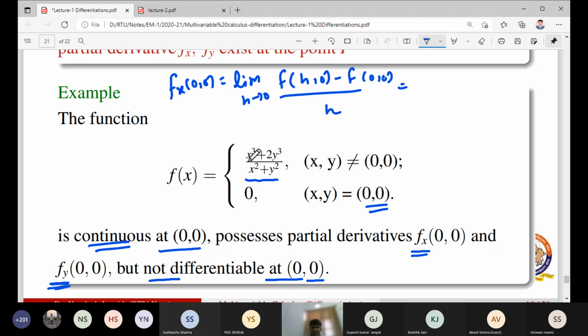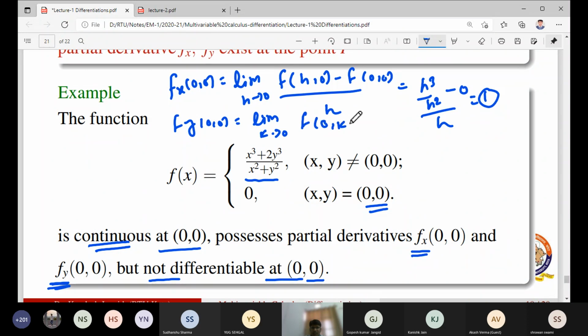If we put x equals to h and y equals to 0 here, so f of (h, 0) would be h cube upon h square minus f(0, 0) means 0, divided by h. So partial derivative fx is 1. Similarly, fy at (0, 0) is limit k approaches to 0, f of (0, k) minus f of (0, 0) divided by k.